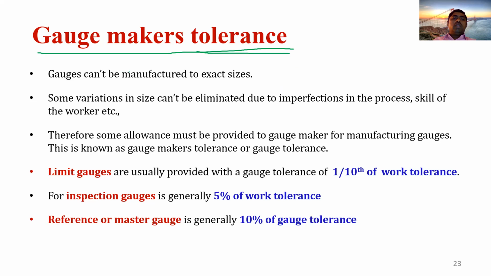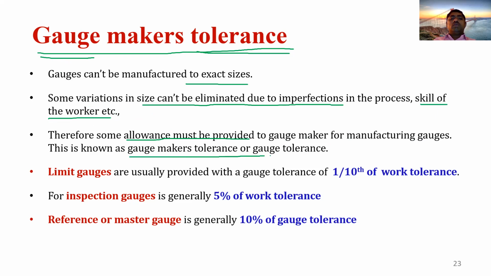Similarly, gauges also cannot be made to exact sizes, because there are some variations in size which cannot be eliminated due to imperfections in the process, or maybe due to lack of skill of the worker, etc. Therefore, some allowance must be provided to the gauge maker for manufacturing the gauges. This is known as the gauge maker's tolerance or gauge tolerance.